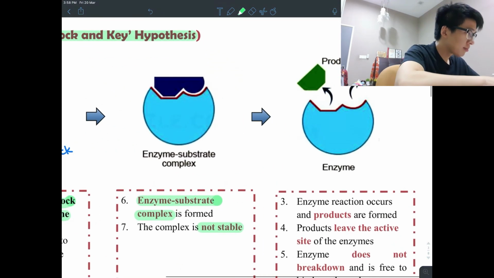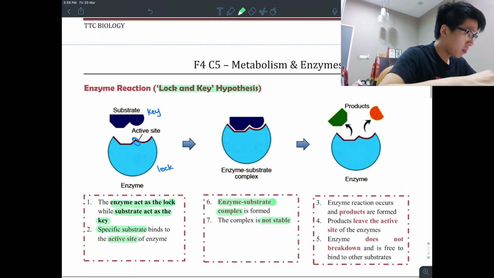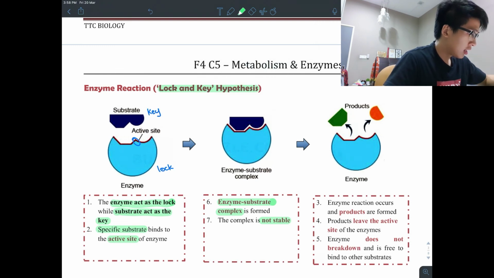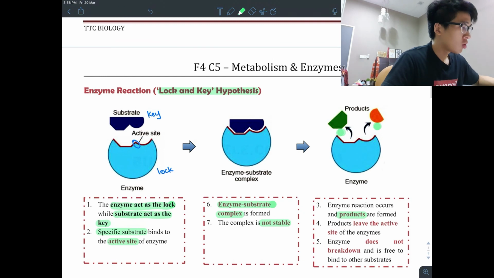So if you look here, almost exactly the same thing, whereby you will see that the enzyme breaks down the substrate into the products. So at the end of the enzyme reaction, products are formed. Just like the lipid becomes glycerol and fatty acid. So just imagine like this: now the couple break up already.